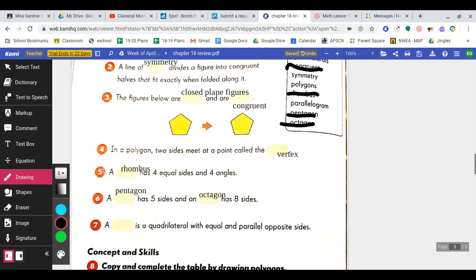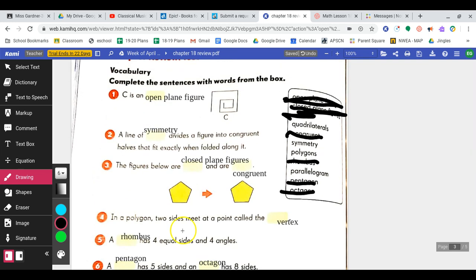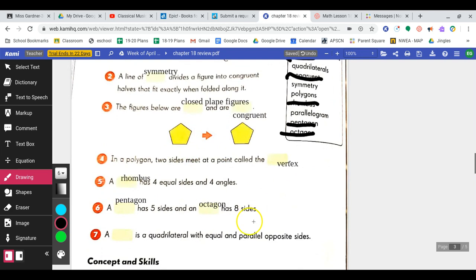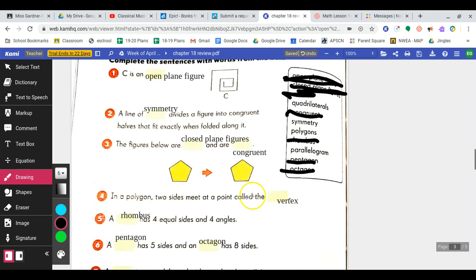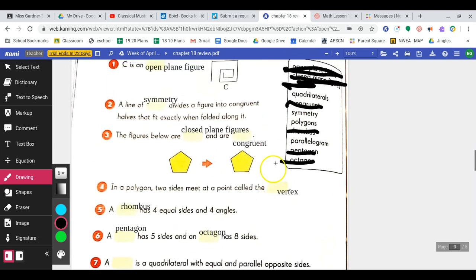Next, it says a blank is a quadrilateral with equal and parallel opposite sides. Okay, so which of these has equal and parallel opposite sides? So a parallelogram would be the correct answer for that, and I was double checking the wording of it because a parallelogram doesn't have to have all equal sides, but the two sides that are parallel to each other have to be equal.